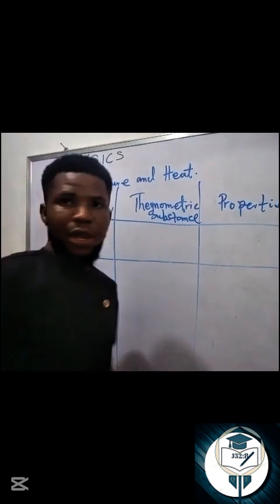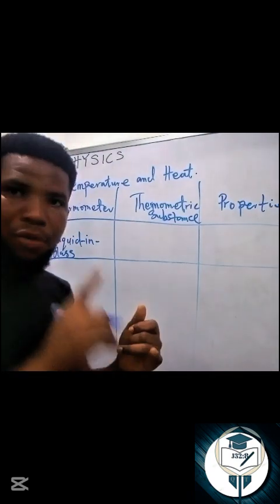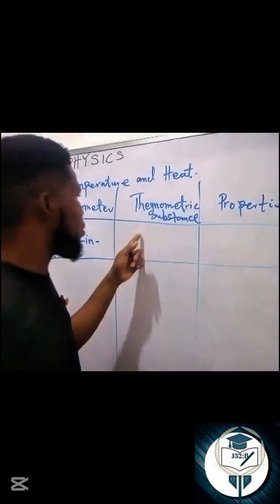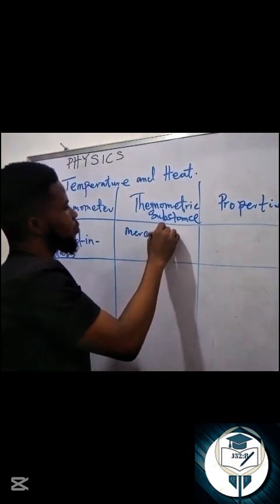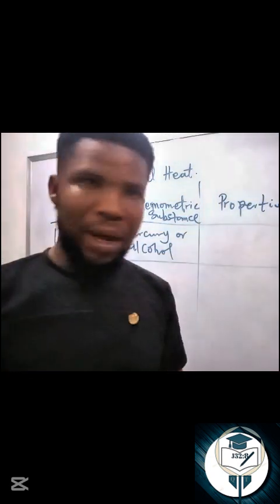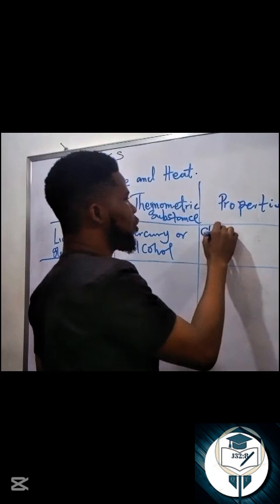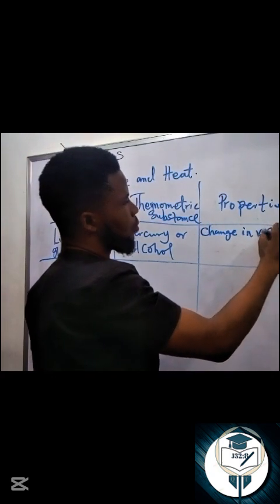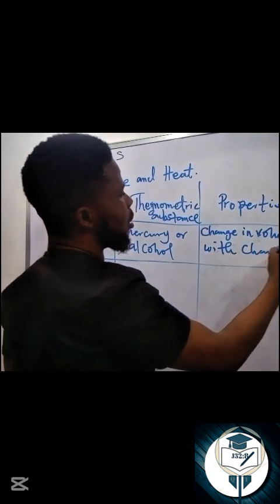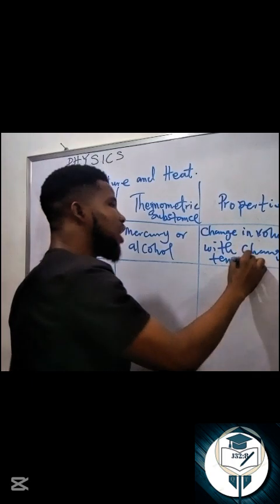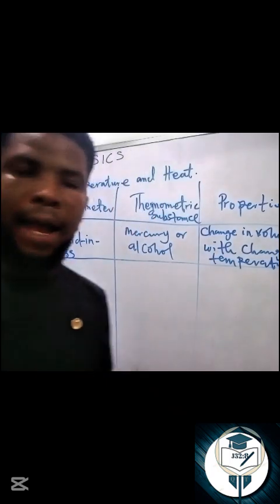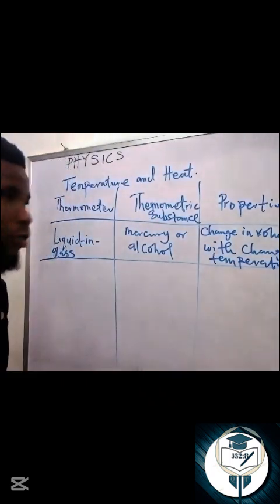Those liquids include mercury and alcohol. So what is the thermometric substance? Mercury or alcohol. What is the property? Change in volume with change in temperature. As the temperature changes, the volume also responds.